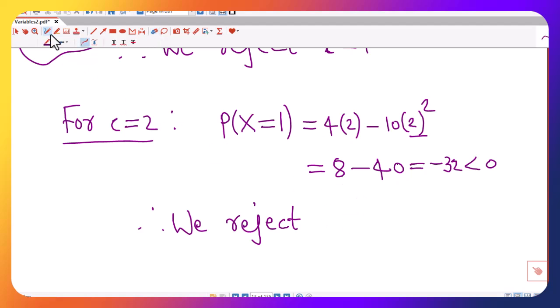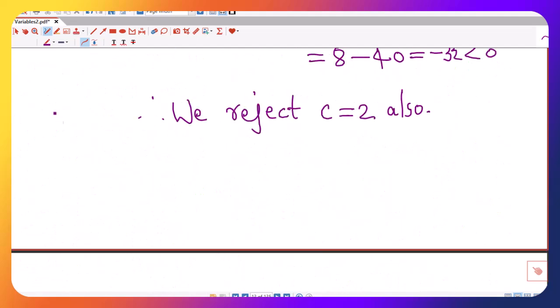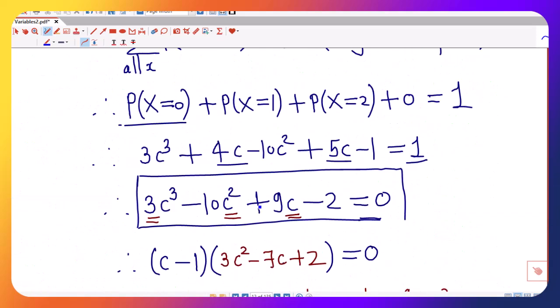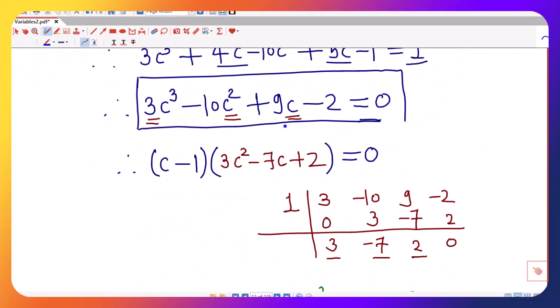In this way, we have to check for the third value also. Third value is c equal to 1 by 3. So now let me check for c equal to 1 by 3. For probability of x equal to 0, the value was, let me check again, at x equal to 0 it is 3 times c cube.